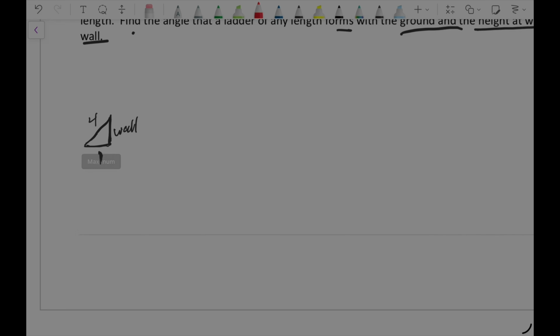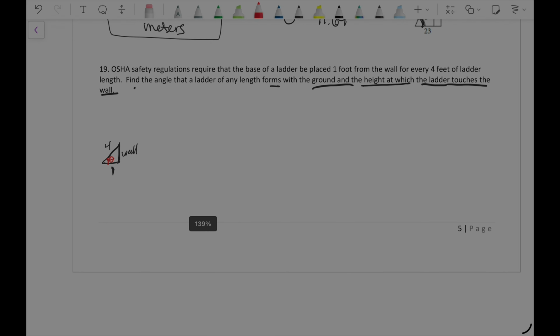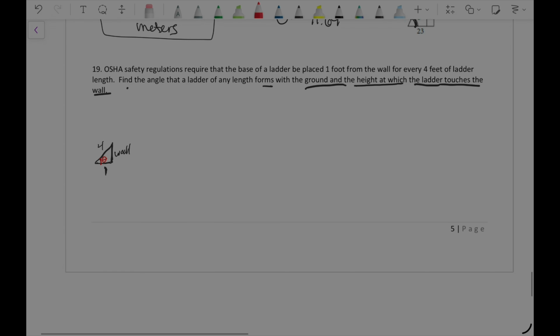Okay? So the question is, find the angle. They're asking for this angle in here, and the height at which the ladder touches the wall. Oh, wait, we don't need to know the length.